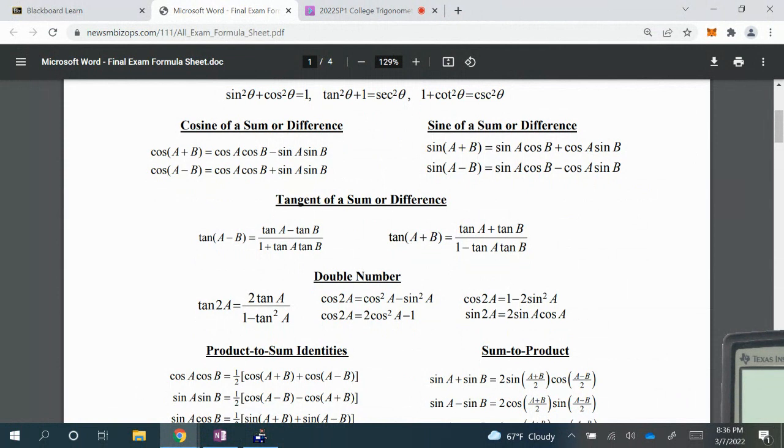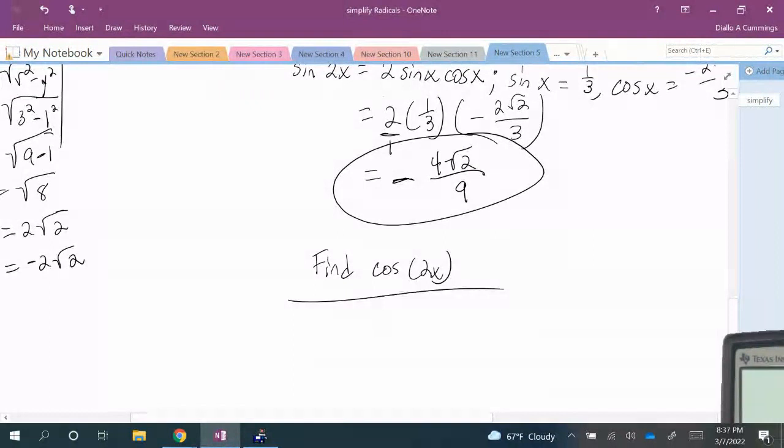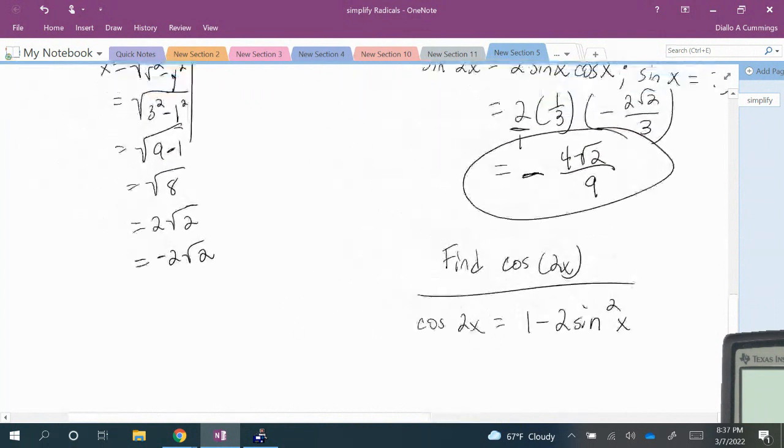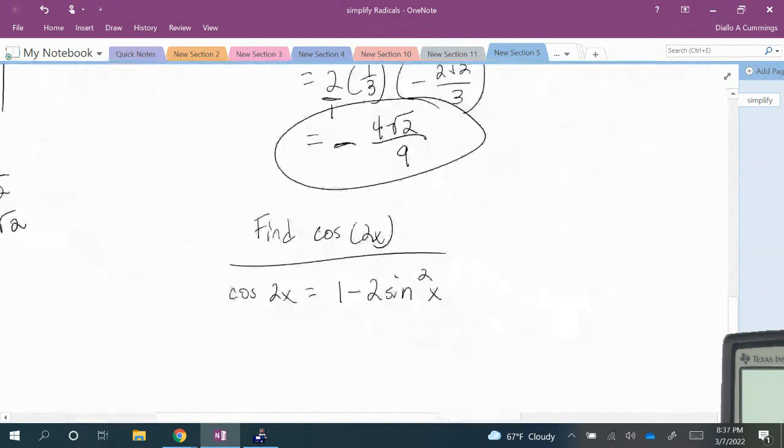You can use any one of these formulas and you should get the exact same answer, but I believe this formula would give us the correct solution without too much work. So the cosine of 2x is equal to 1 minus 2 sine squared x, and we were given the sine value as 1/3.